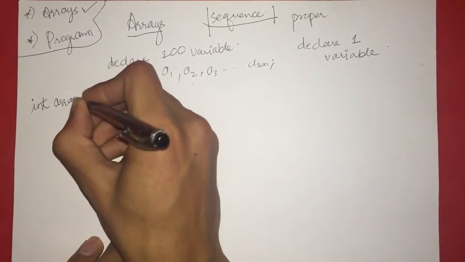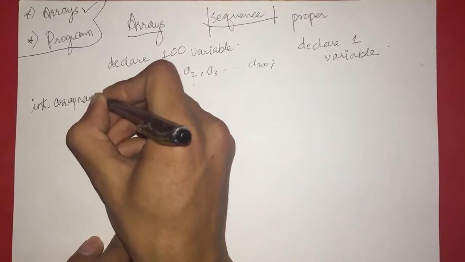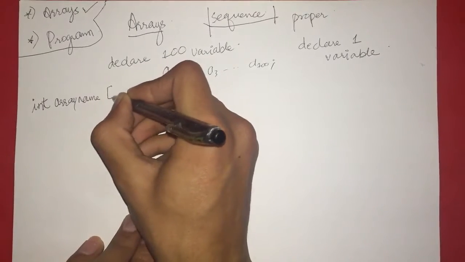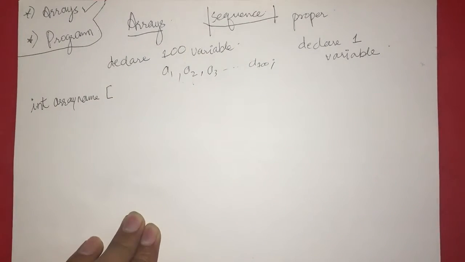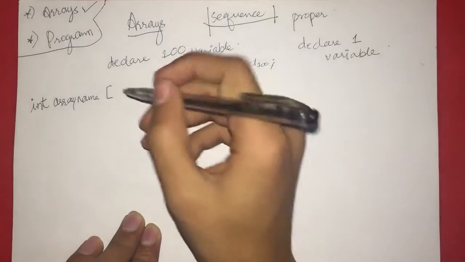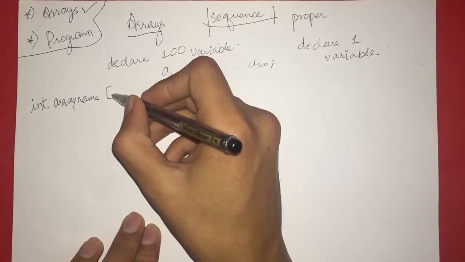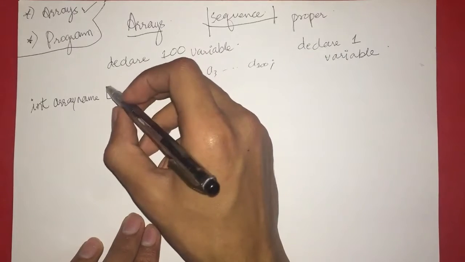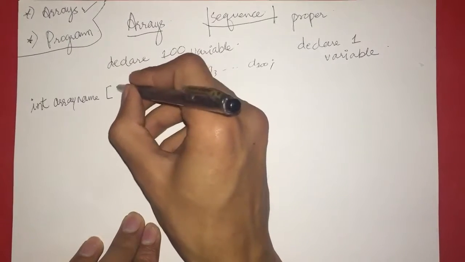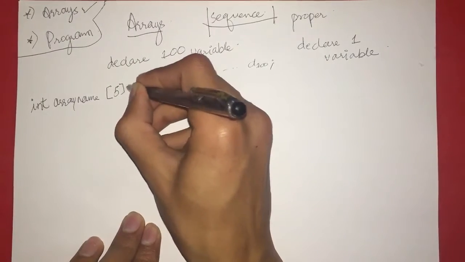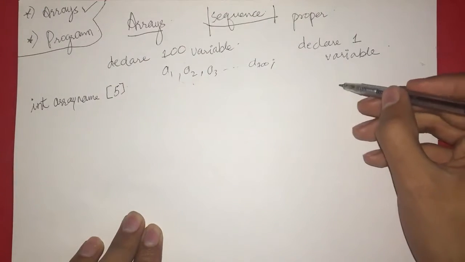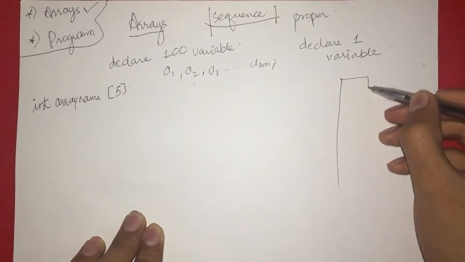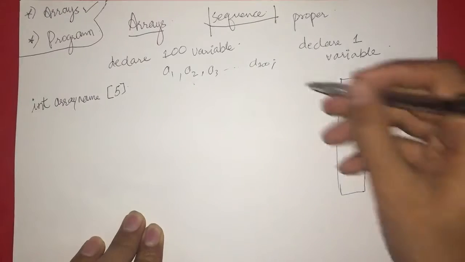For example, the array name is my array name, and then you specify the number of locations, the number of variables, or the number of spots you want this array to hold in memory. So for example, if I say 5, that means I want 5 contiguous memory locations.